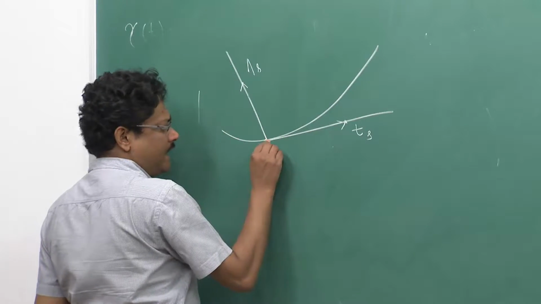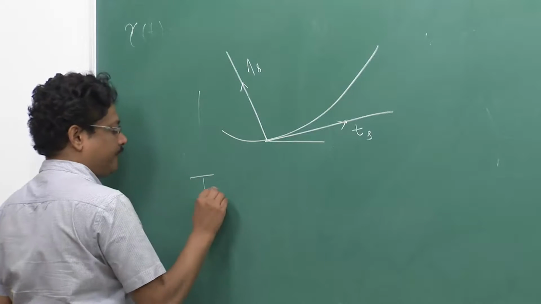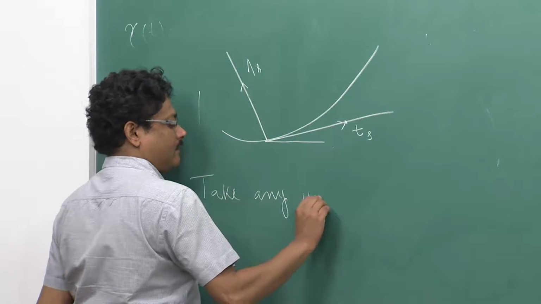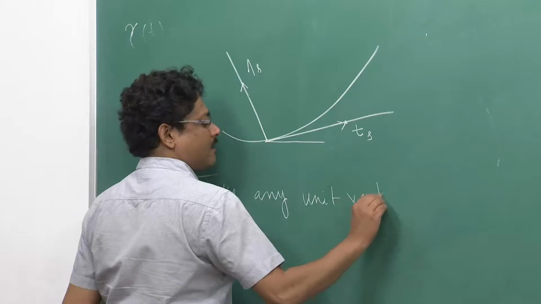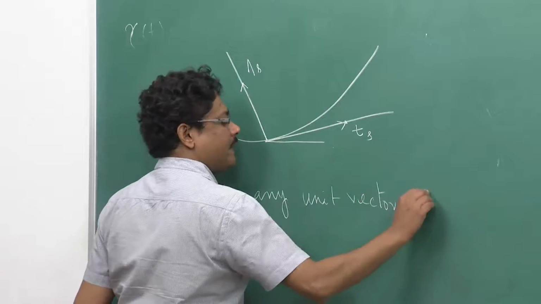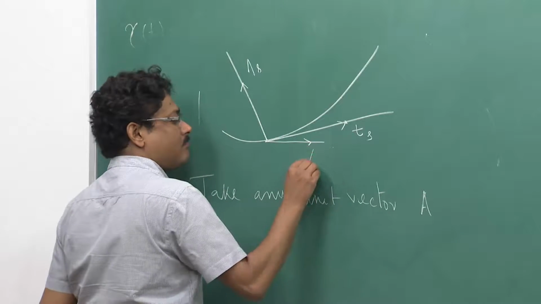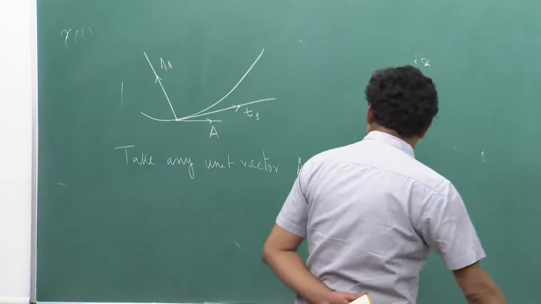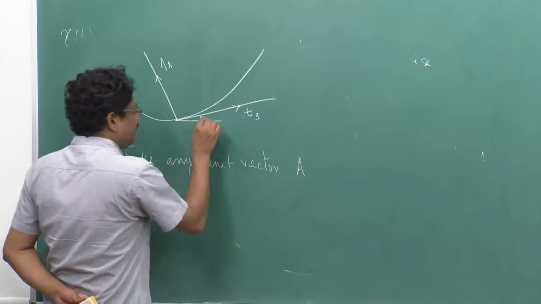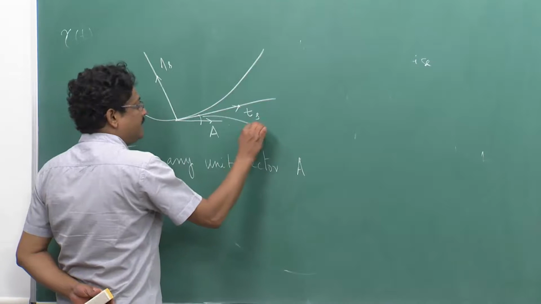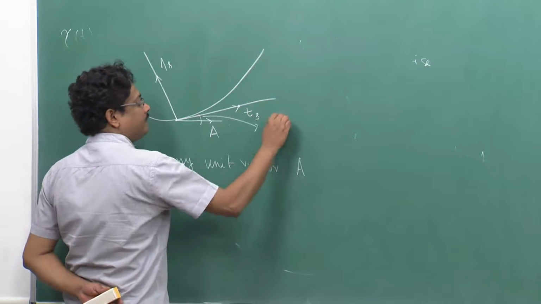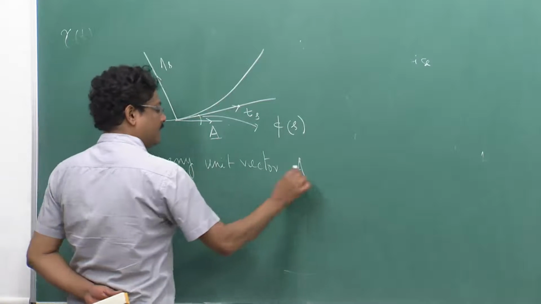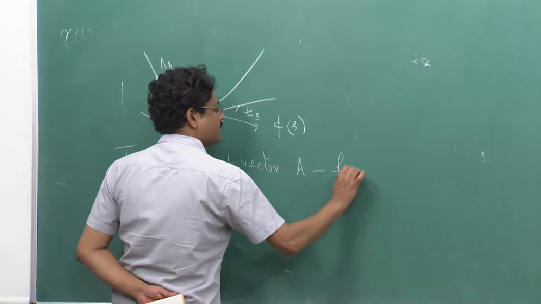Take any unit vector, let us say A. Consider the angle between A and the tangent vector. Let us call it phi s. A is fixed. Once you take it, it is fixed.